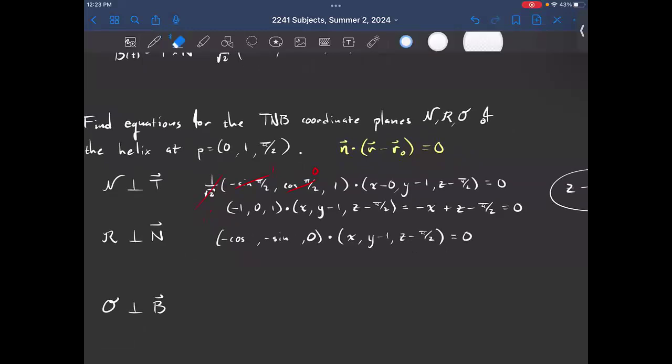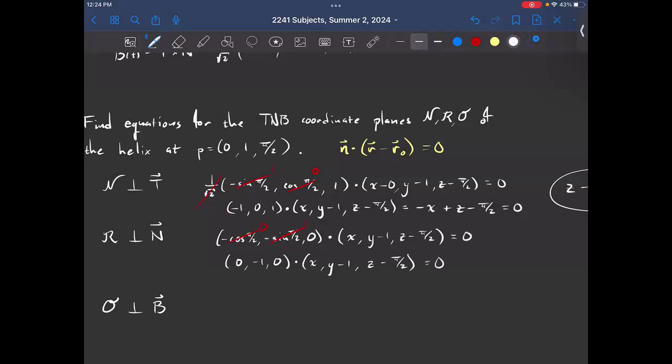Again, t equals pi over 2 here. So we get 1, 0, and this is even easier, 0, -1, 0, dot x, y minus 1, z minus pi over 2 equals 0.